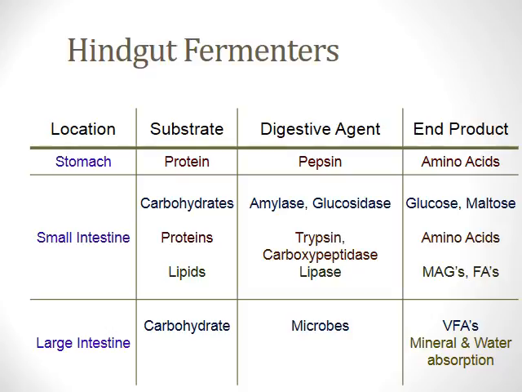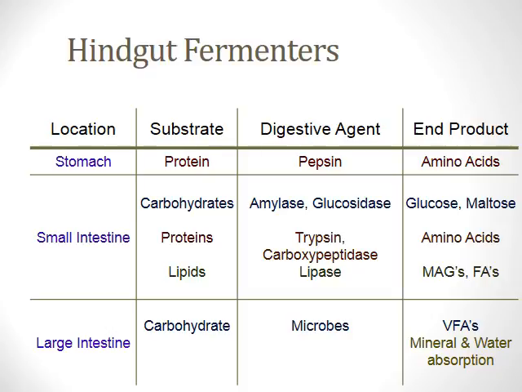There are also pancreatic enzymes that are breaking down proteins. Those enzymes are trypsin and carboxypeptidase, and they break down proteins to peptides and amino acids. And lastly, the lipids, or fats, in the form of triglycerides, or triglycerols, excuse me, are broken down to monosaccharides or free fatty acids.